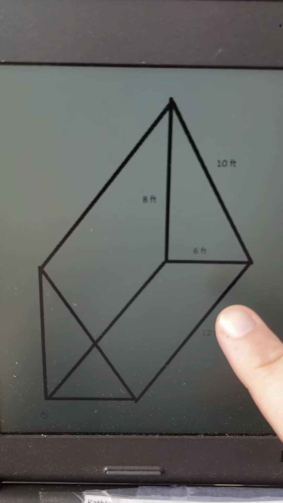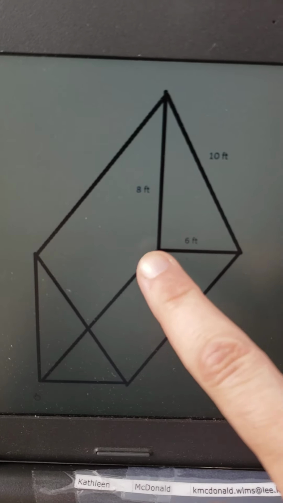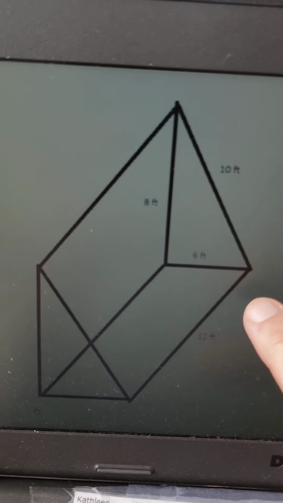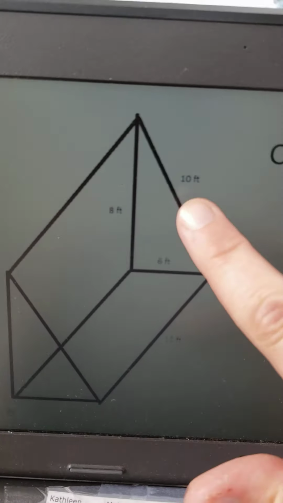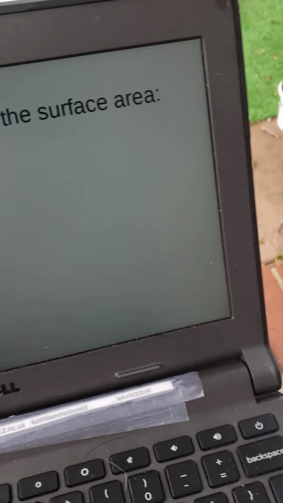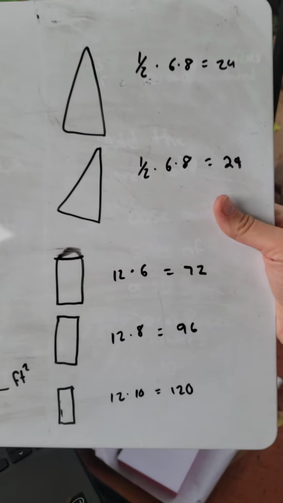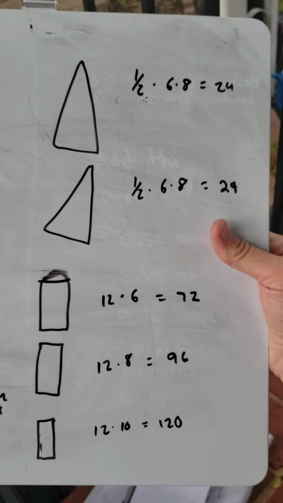The next one, we have 12, and then there's an 8 right there. So that's this one. And then we have a 12 by 10, which is this one. It's kind of hard to see on there. That's why I drew the 3 rectangles separately. So when I looked at mine, I could tell that I was calculating each one.